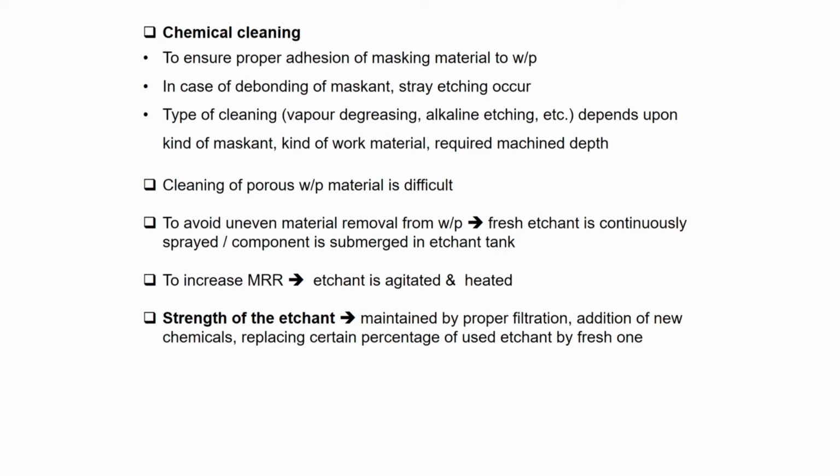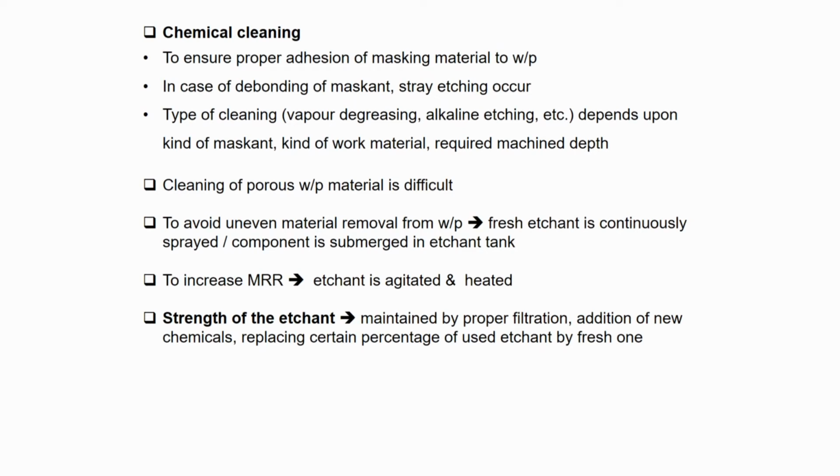The first one is vapor degreasing. Whatever oily materials are there may be removed by the vapor degreasing process, or cleaned by alkaline etching, etc., depending upon what kind of maskant you are using.